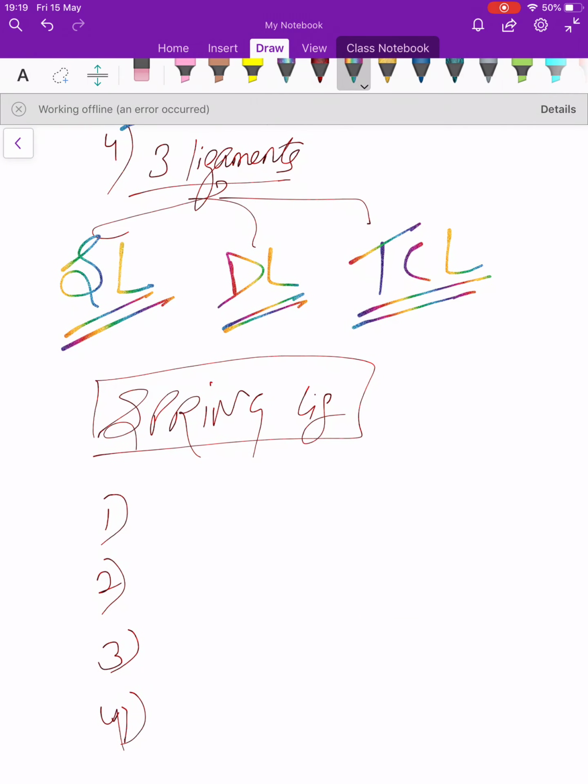Then first we will talk about the spring ligament. The spring ligament is between the sustentaculum tali of the calcaneum and the navicular bone, right?